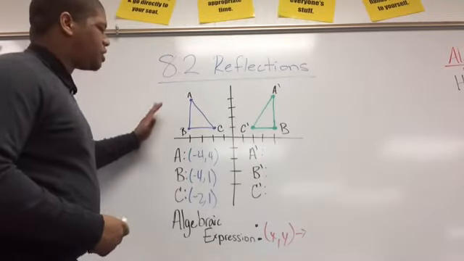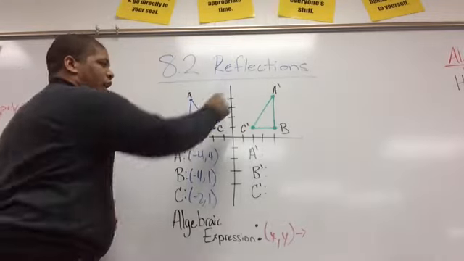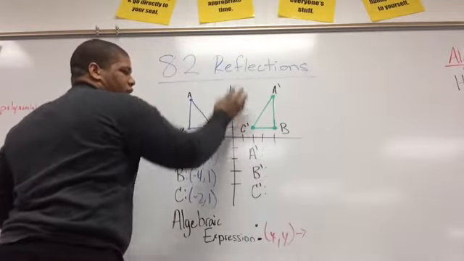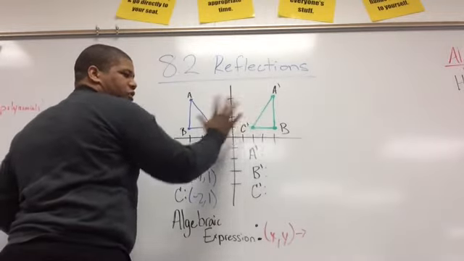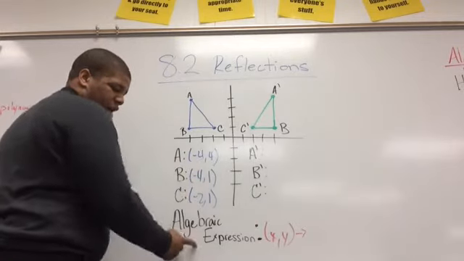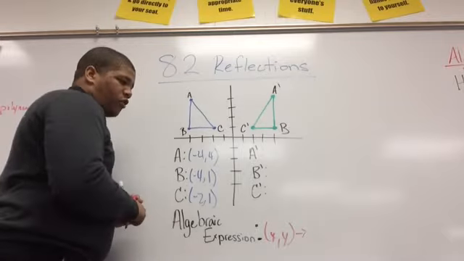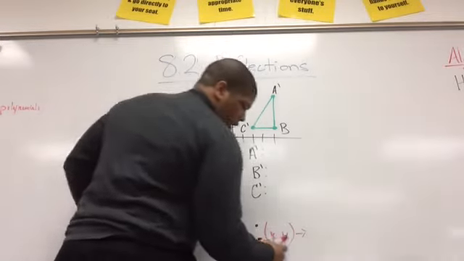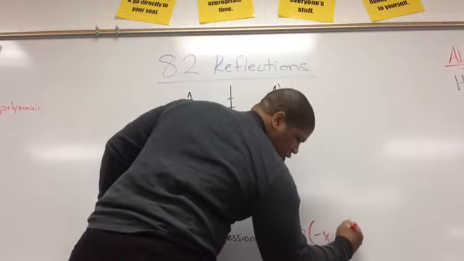Now let's look at a reflection over the y-axis. I know it's over the y-axis because the y-axis is my line of reflection between these two figures. So I have my points once again, and I need to figure out my algebraic expression. So for reflection over the y-axis, I have (x, y) becomes (-x, y).